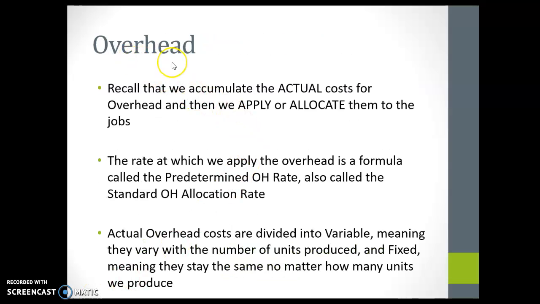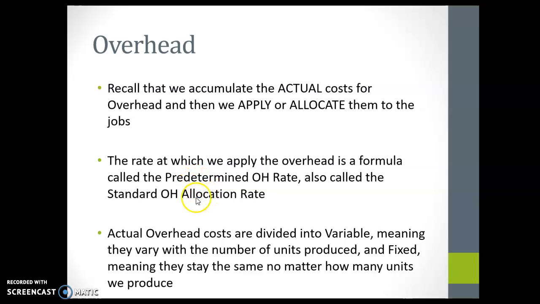All right, so for overhead, recall that we accumulate the actual cost for overhead on the debit side of our overhead, and then we apply or allocate overhead based on some kind of predetermined rate or some other kind of rate.